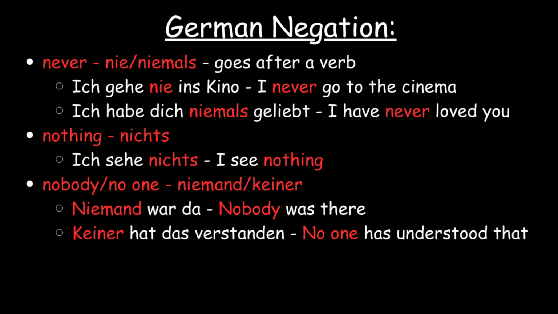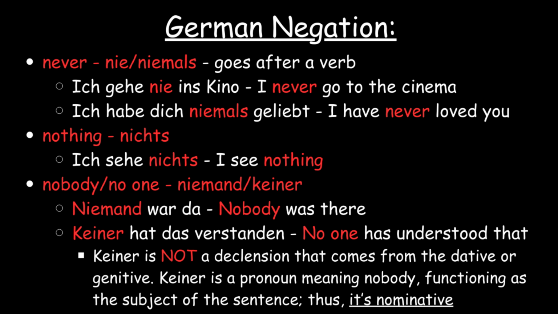Niemand war da. Keiner hat das verstanden. In this negation, it's important to understand that keiner is not a declension that comes from the dative or genitive. Keiner is actually a pronoun meaning nobody or no one, functioning as the subject of the sentence, which means that it's nominative.